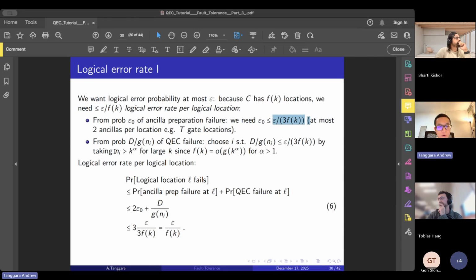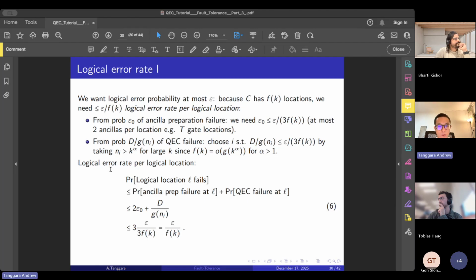So I can just take a sufficiently large I such that this n is larger than k to the alpha. Yeah, because we had one assumption from the theorem, which we can use.